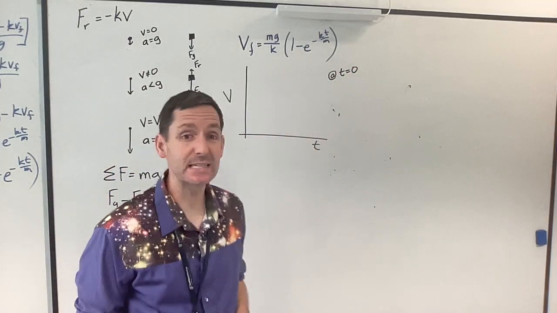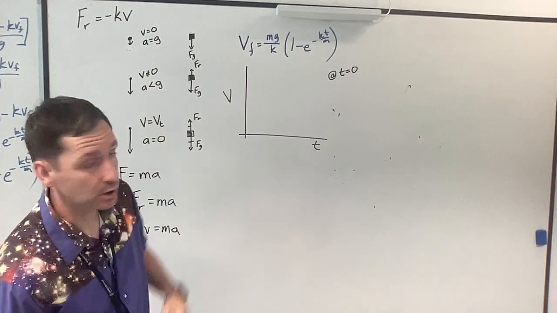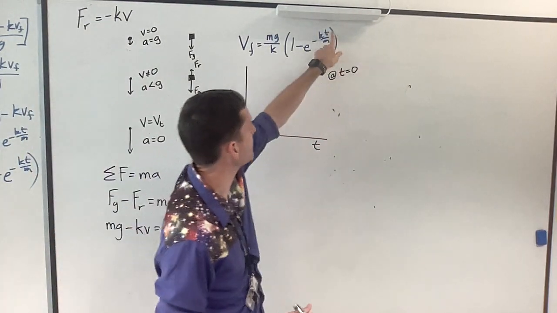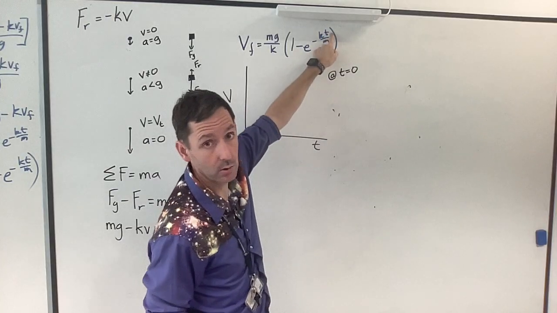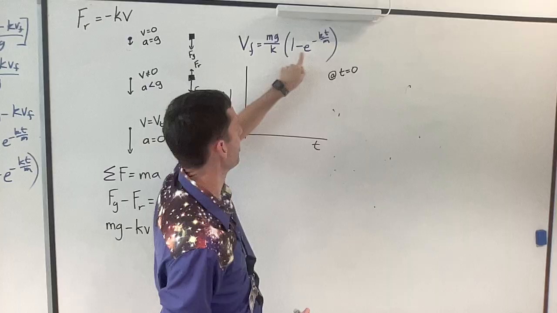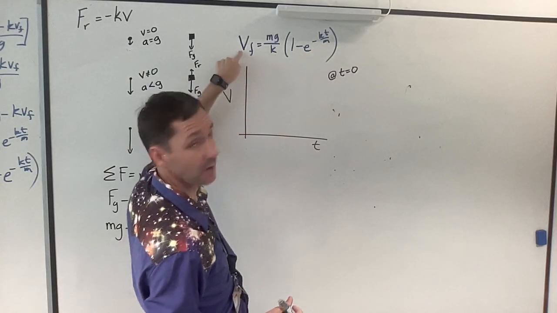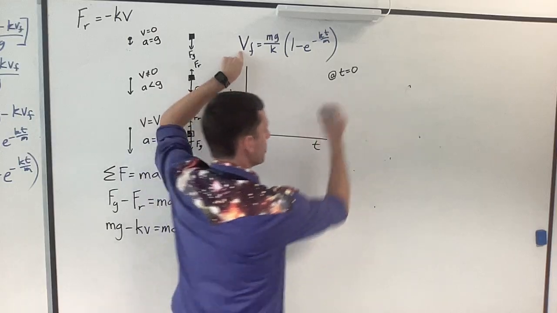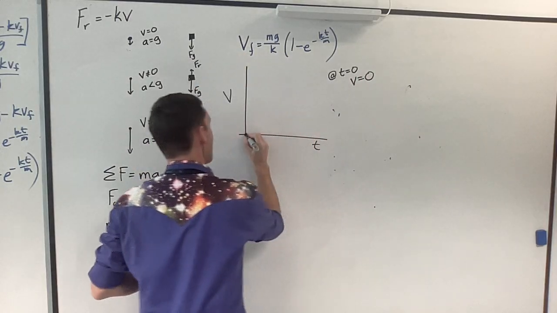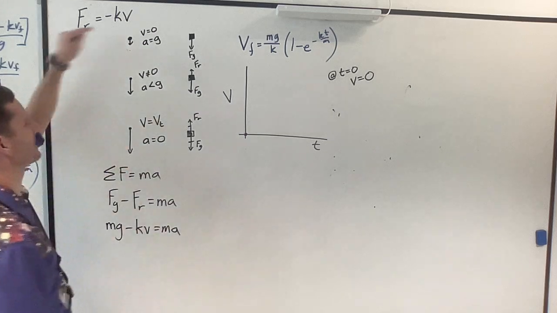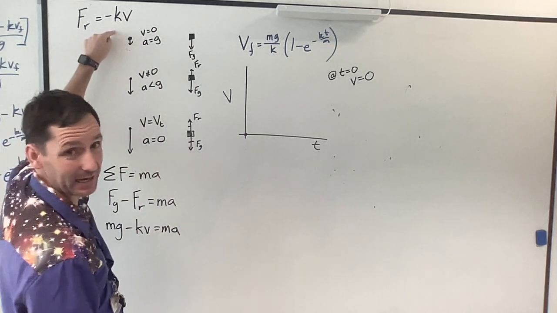We're looking at some of these important points, sometimes in behavior. These are things you should have learned in your math class. So when t equals 0, that means that this will be e to the 0, which is 1, and I'm going to go 1 minus 1, and that's 0. That means this function will be 0. So at t equals 0, v equals 0. Well, that's good, because that's what we said, right? We said the velocity should be 0 at the beginning.